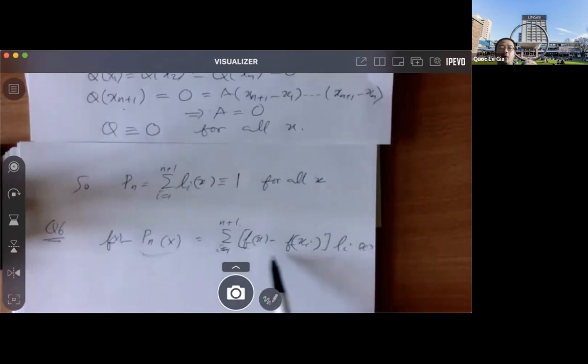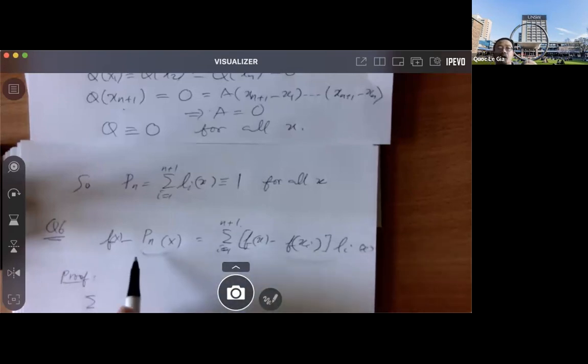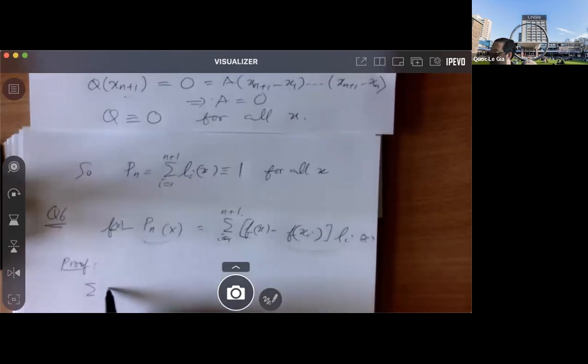How about the first one? For the proof you can use the right hand side and go back to the left. The sum of (f of x minus f of xi) Li, i from 1 to n plus 1.